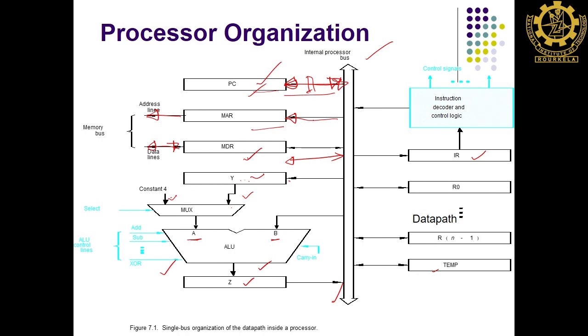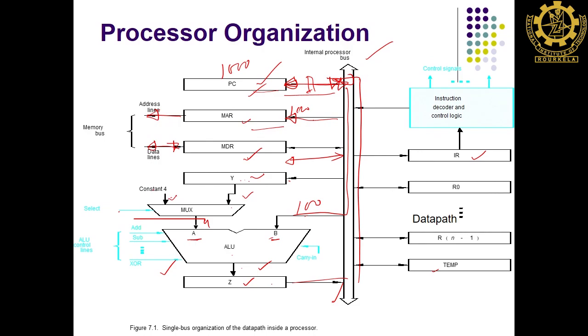Initially, say this is 1000, the program counter will go here, that is the MAR, and then it needs to be incremented. The same value, 1000, will come here, and it will select constant 4. It will add to give 1004, and in the next clock cycle 1004 will be stored.